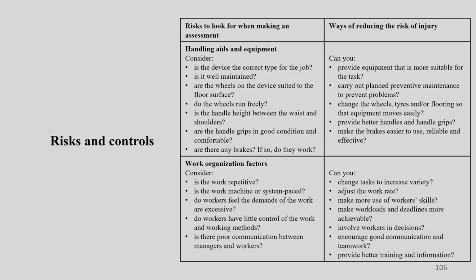Do workers have little control over the job or working method? Is it just controlled by somebody? Suppose in an assembly line, if the speed of the conveyor belt is not under the control of the operator, then the speed of that particular load handling depends on the speed of the conveyor belt.